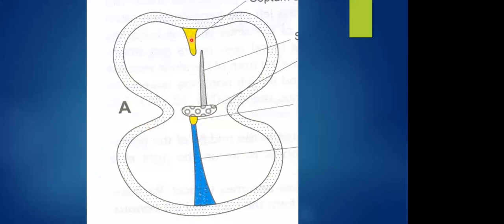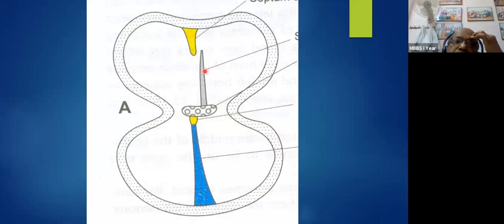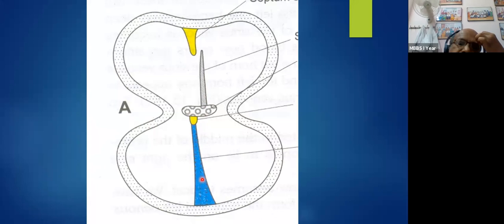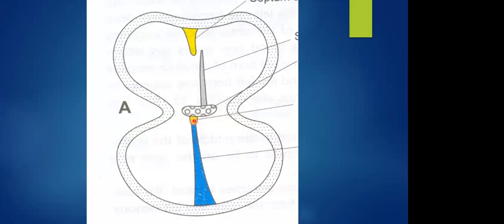This is septum secundum. Very good. This is septum primum. This is the AV cushion. Very good. This is the interventricular septum. This is the bulbar septum.